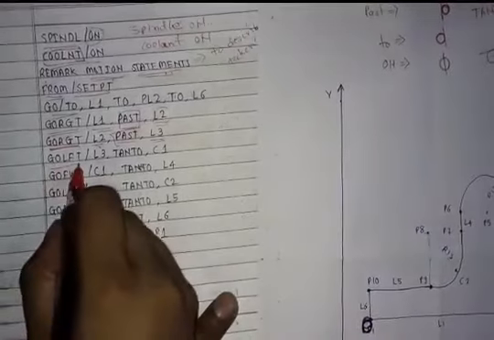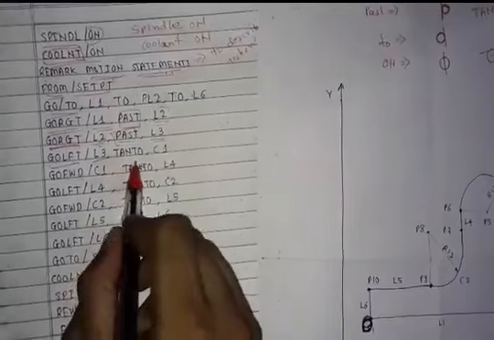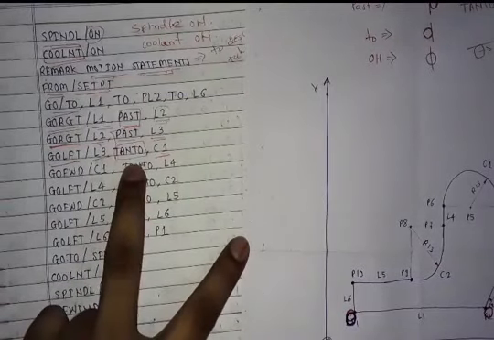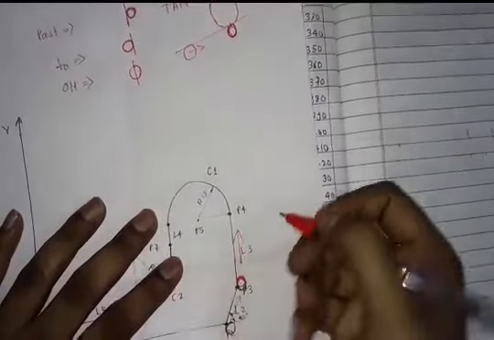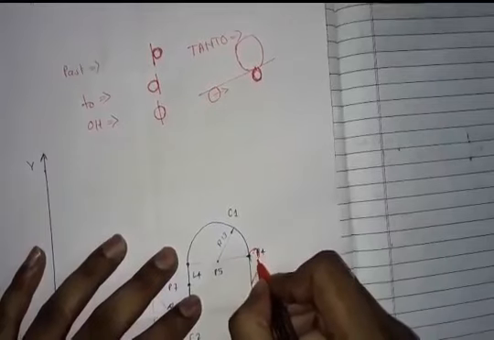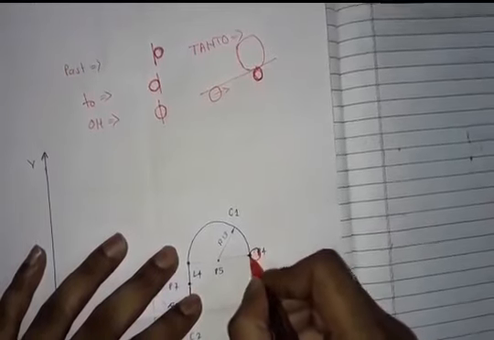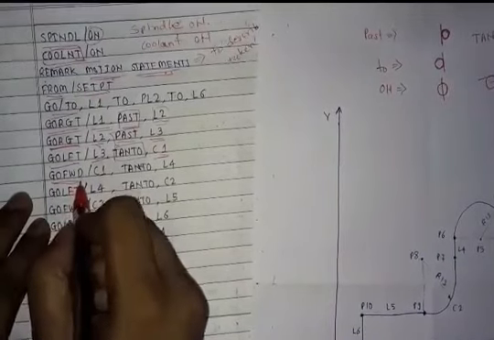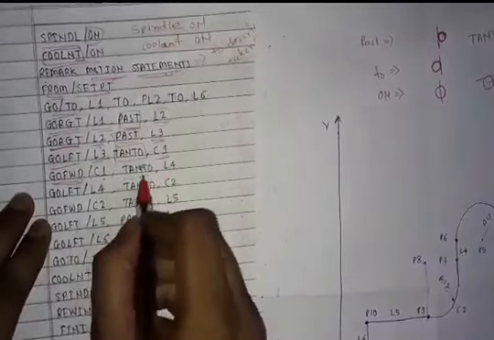Next is GOLFT, that is go left, L3 tan to C1. Here the tan to command. Now the cutter will move like this and tangent to the circle C1 at this point. Next is GOFWD, that is go forward, slash C1 tan to L4.